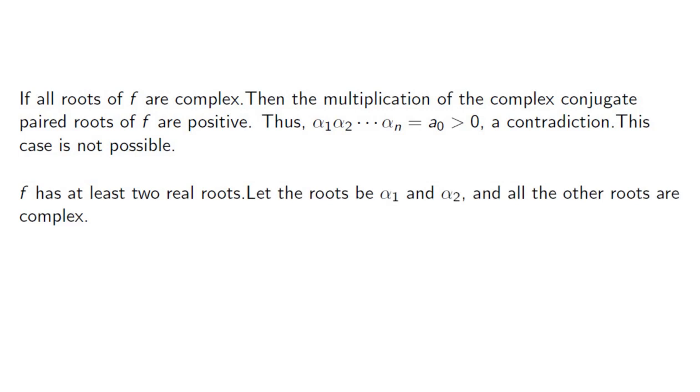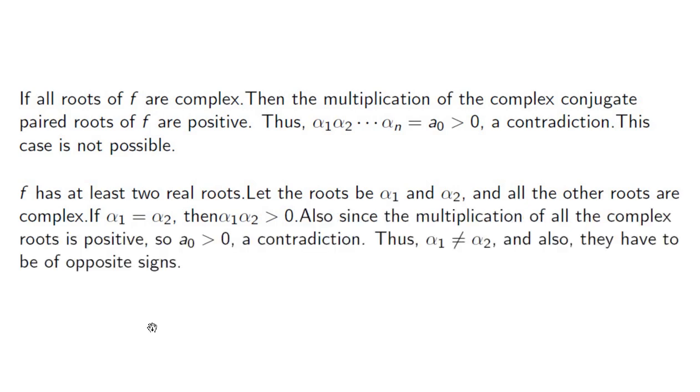Let alpha_1, alpha_2 be 2 real roots and all the other roots of f are complex. And let alpha_1 be equal to alpha_2. Then the multiplication of alpha_1 and alpha_2 is greater than 0, and hence the multiplication of all the roots of f is positive, since all the other roots of f are complex, and alpha_1, alpha_2 being the only real roots of f, whose multiplication is also positive.